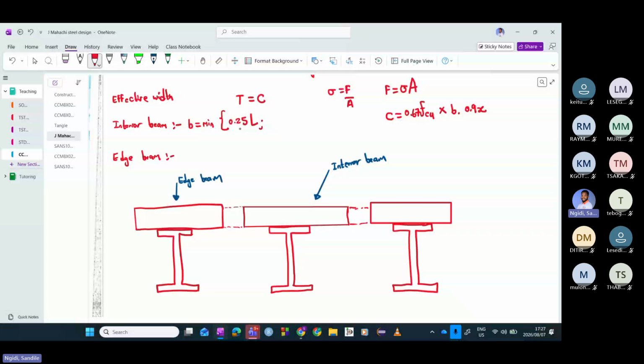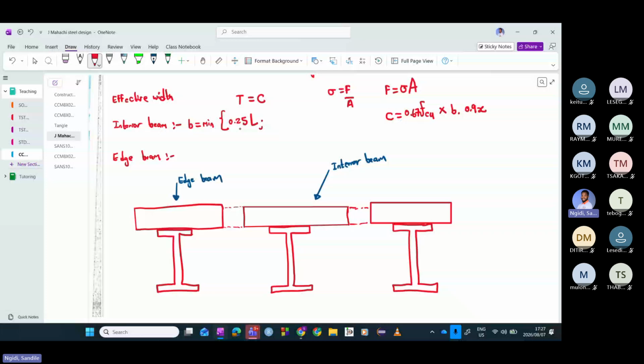We know that the width of the top flange is BF. So for the first part we are dealing with BF, and then we add something to BF. For the second part we are also dealing with BF, and then we add something to this BF. From the code, the first part is 0.1 times the composite beam span, so it's 0.1 times L.